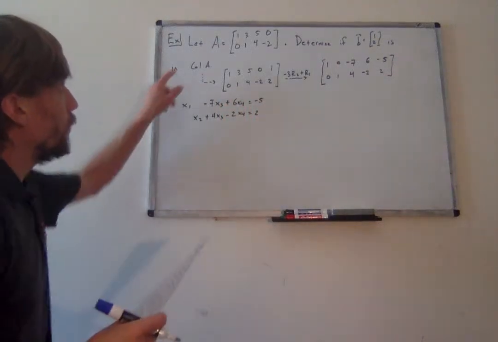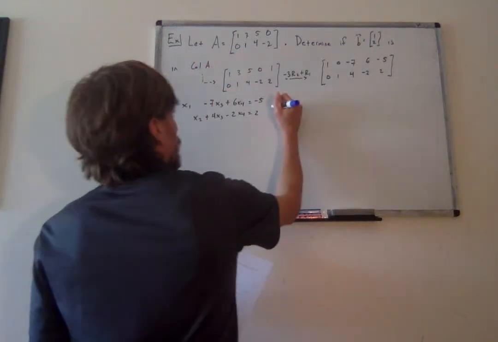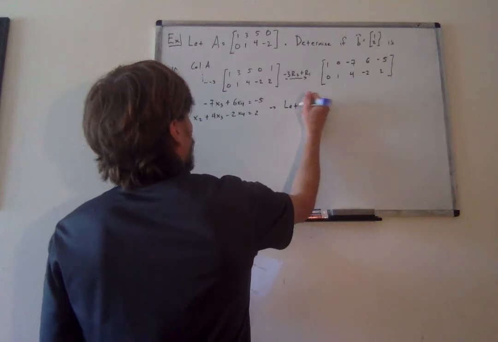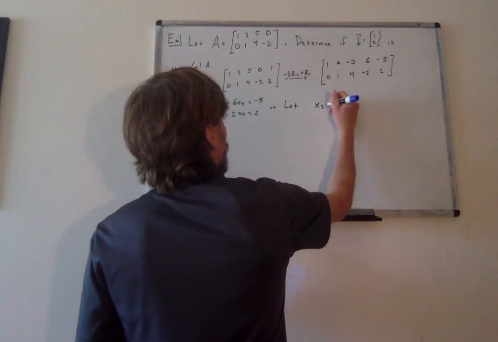And so again, we just need to find some solution to the matrix equation AX equals B. And so maybe what we'll do is we'll let just both of our free variables equal 0.